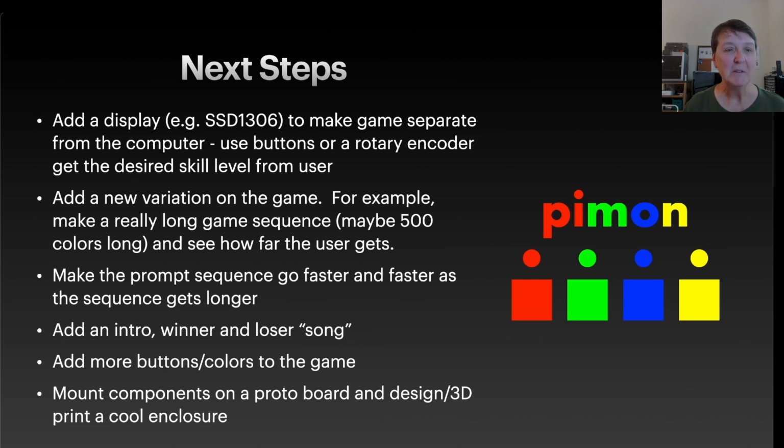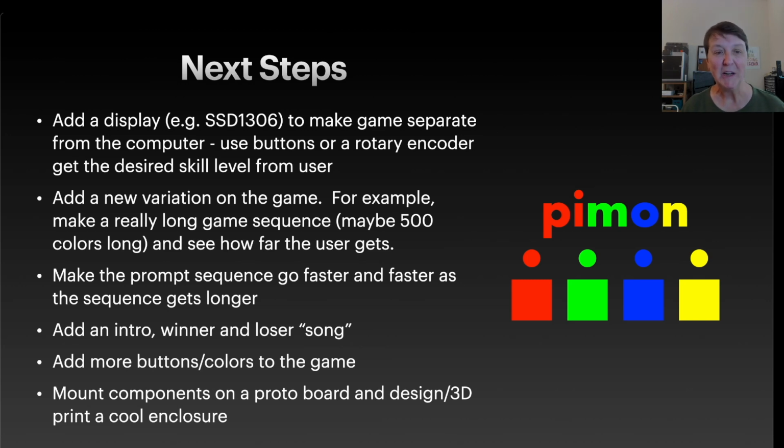Another thing we could do is add some different variations to the game. For example, you could generate a really long random sequence, maybe 500, 1,000 long, and then see how far the user can get rather than just repeating a certain number. They see how far they get and report back, okay, you did 50 tones correctly.